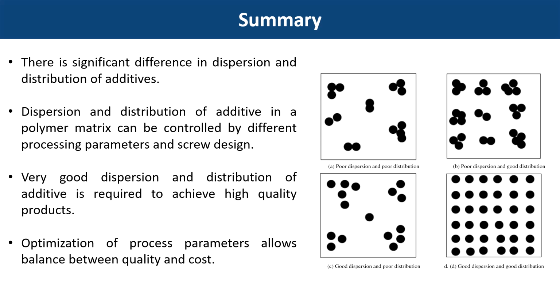The extent of dispersion and distribution can be controlled by processing parameters and screw design. In most cases, optimization of process parameters is required to achieve a balance between quality and cost of the product. In this video, we mostly talked about the general approach to achieve the desired dispersion and distribution of additive, but specific requirements for a specific equipment and additive can be different. So, optimization is required for almost all systems.